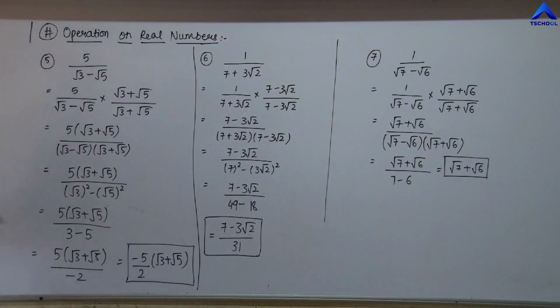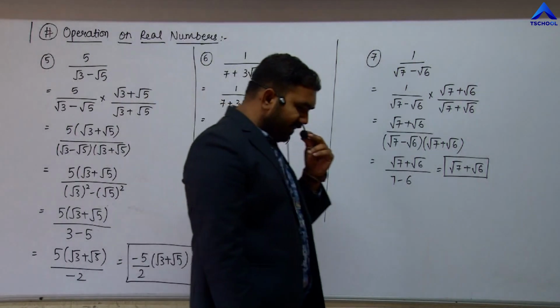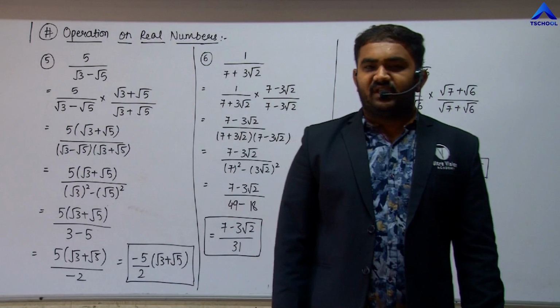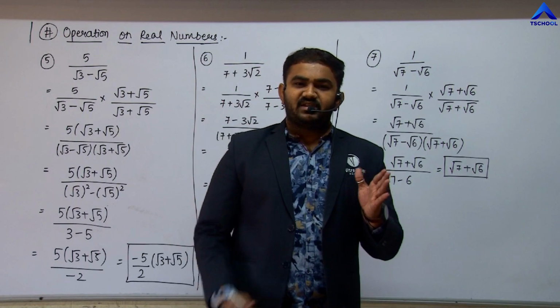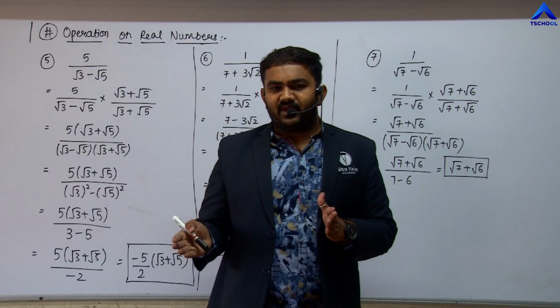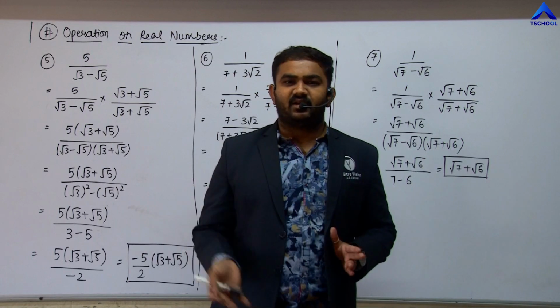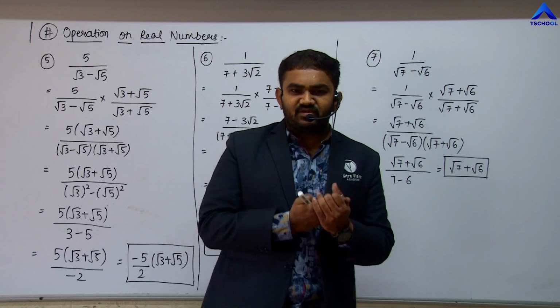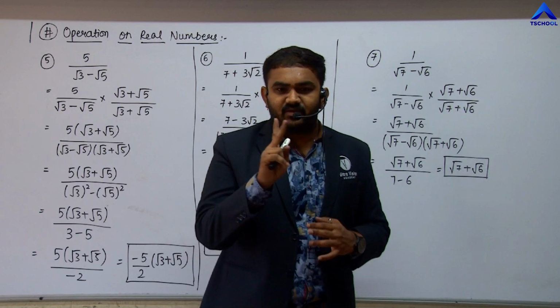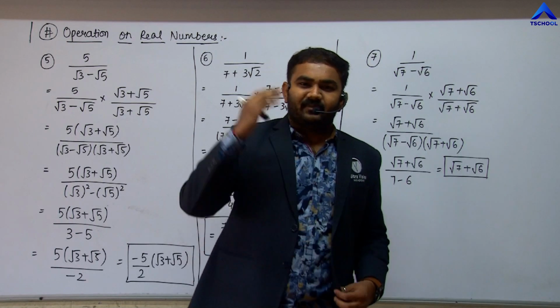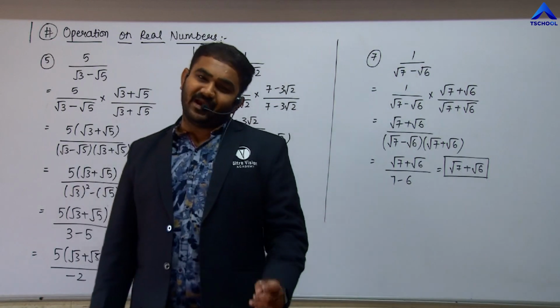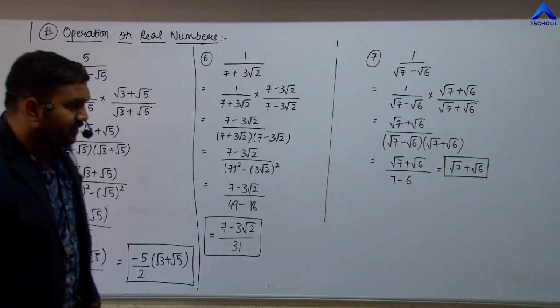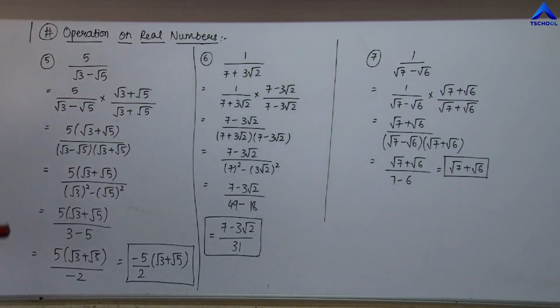The main thing for rationalizing the denominator is simply we need to change the sign of the term that is given in the denominator. If it is plus, then it becomes minus, and if it is minus, then it becomes plus. That means we are going to change the sign of the second term in the denominator, and then we are going to multiply it in numerator and denominator both at the same time. Okay, so that's it about rationalizing the denominator.